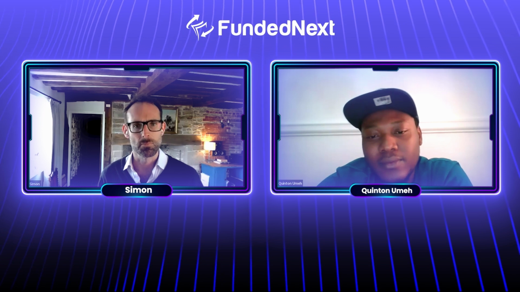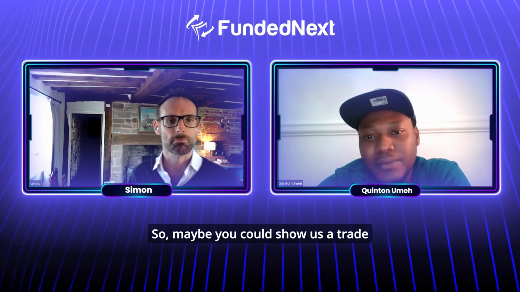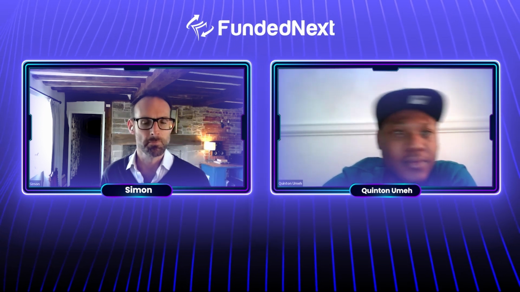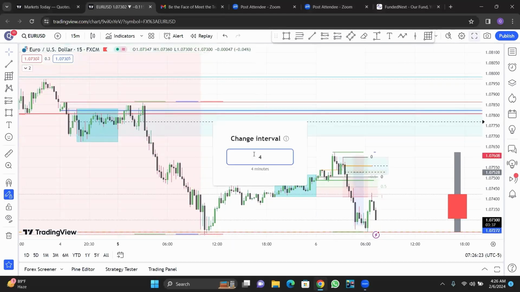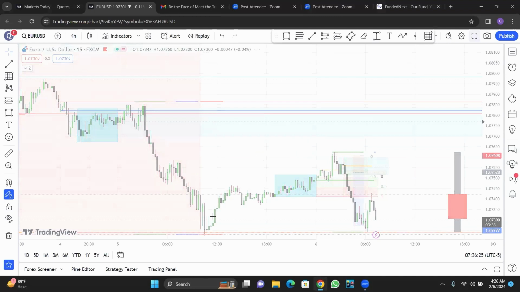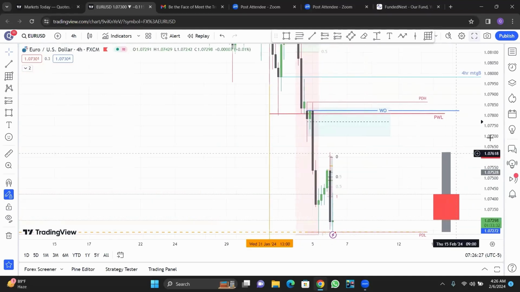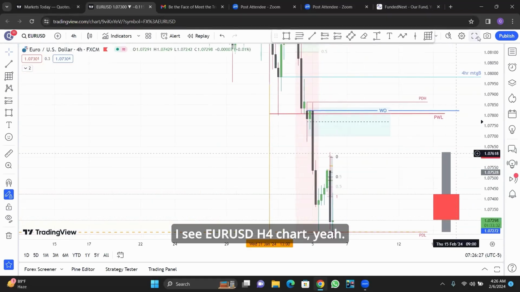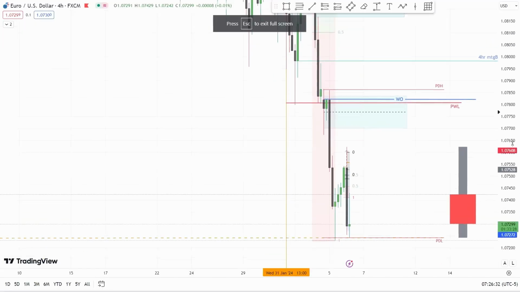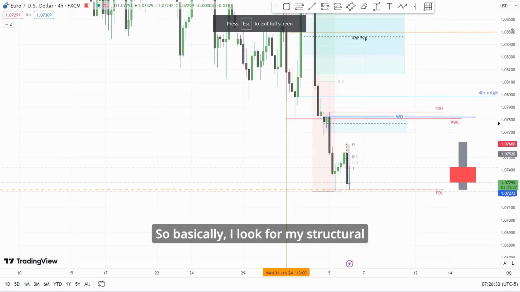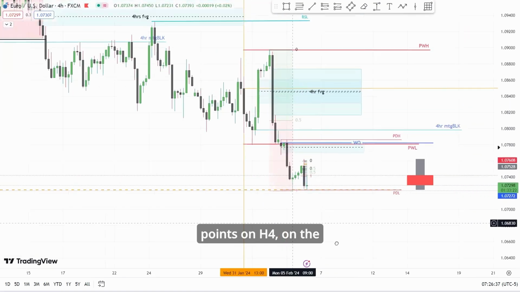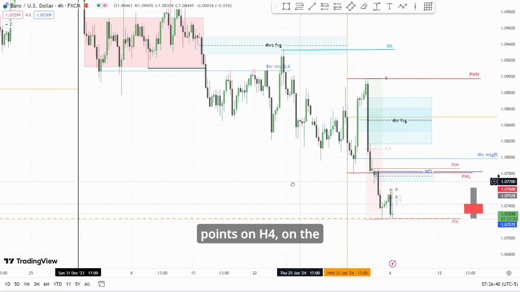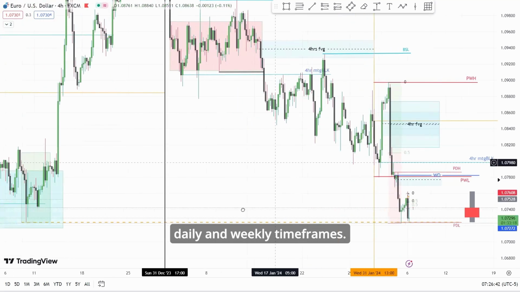Okay. So maybe you could show us a trade setup. Maybe share your screen. Yeah. So basically, can you see? It's a Euro/dollar 4-hour chart. Yeah. So basically, I look for my structural points on 4 hours, on the daily and the weekly time frames.